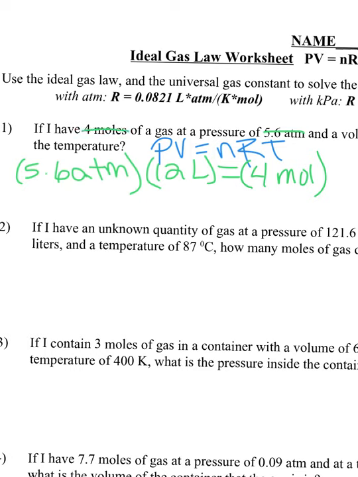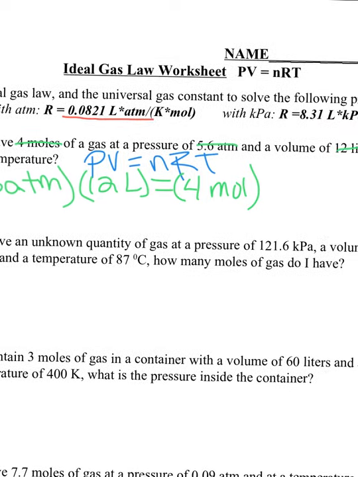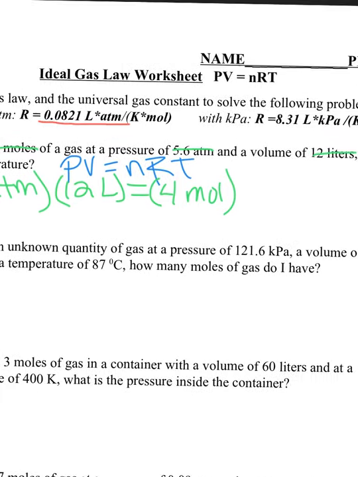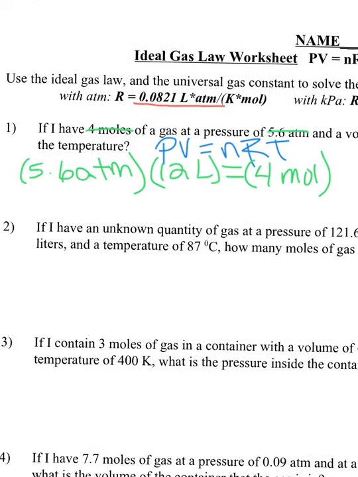Now here's the R constant. I have to plug in a number for R. I have 2 possible choices that I can use for R. How do we know which one to pick? Well, look at the units of pressure the problem gives you. That's how you decide. What is the unit of pressure in our problem?